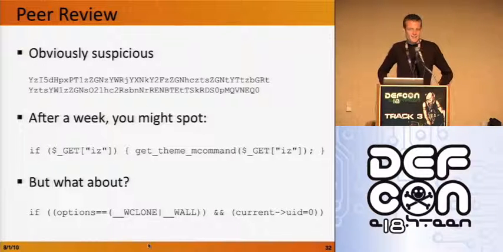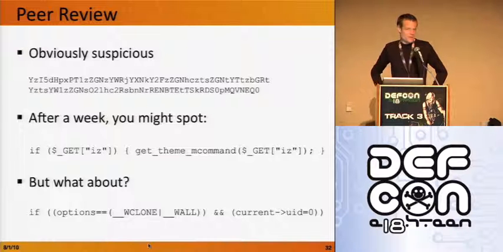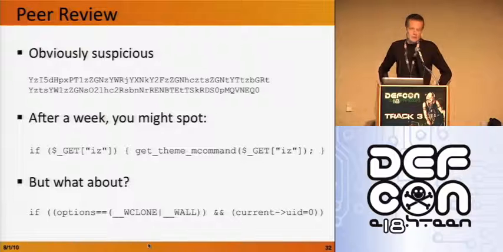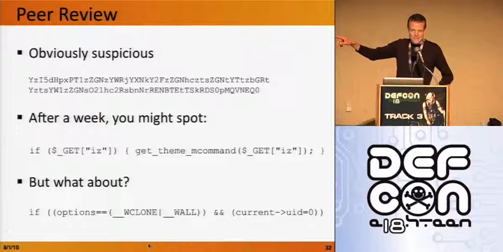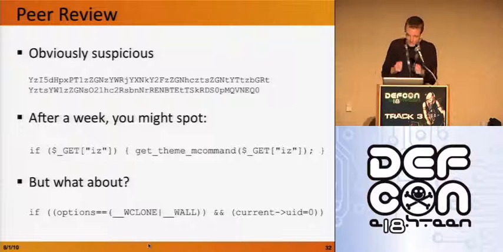The second line is a little suspicious, but there isn't anything completely out of place there. You're checking a request parameter and then you're doing something based on the request parameter. That happens in a lot of code bases. Usually not with a hard-coded name and a very specific case like this, but that one might slip by. If you came back after lunch and you were reading through code and you saw that one, you might let it go. What about the last one?